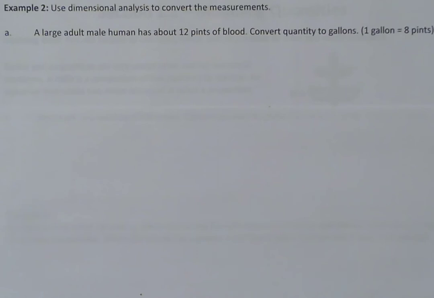Now, what I want you to understand at this point, when we are talking about conversions, or dimensional analysis, we're going to have to flip a little bit of our thinking. With proportions in terms of scale, models, or drawings, you kept the same format, meaning map over actual, model over actual.